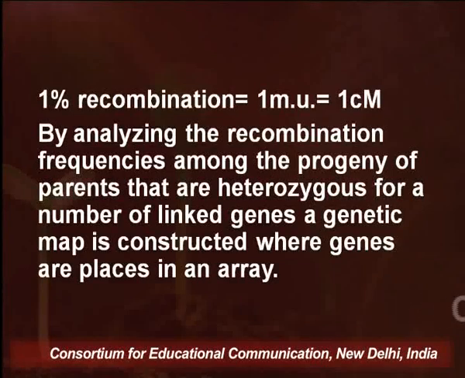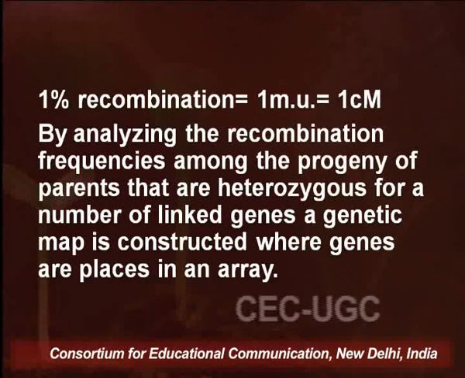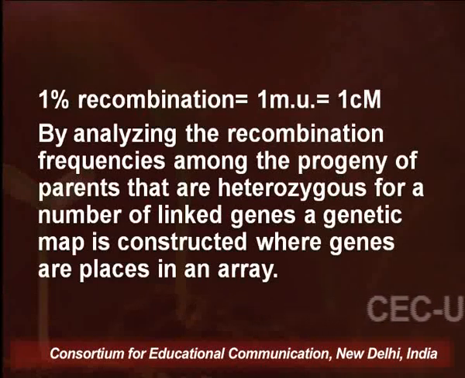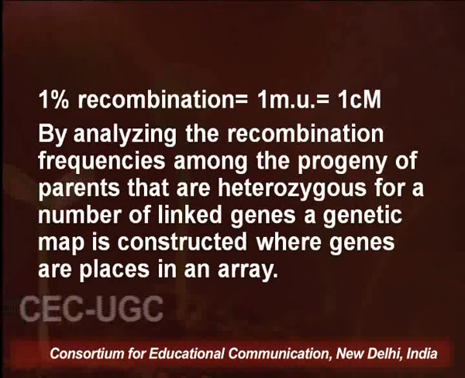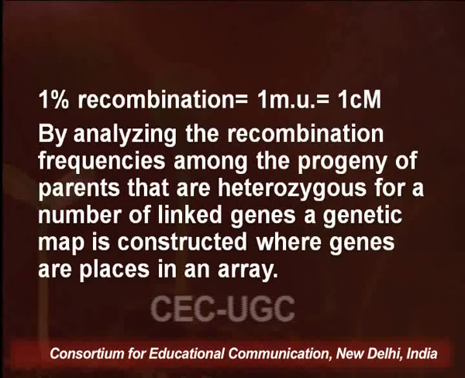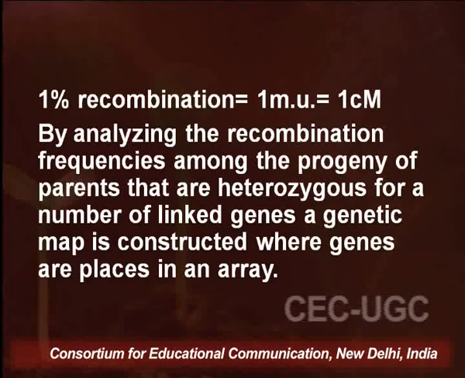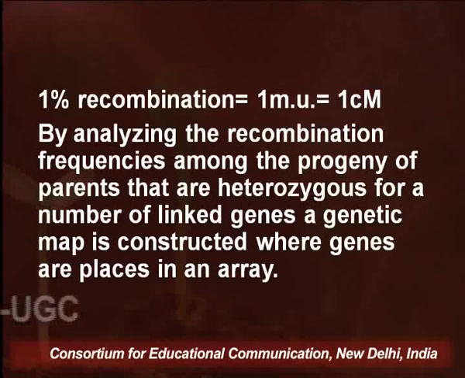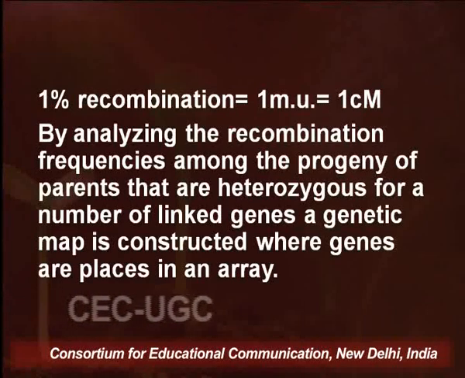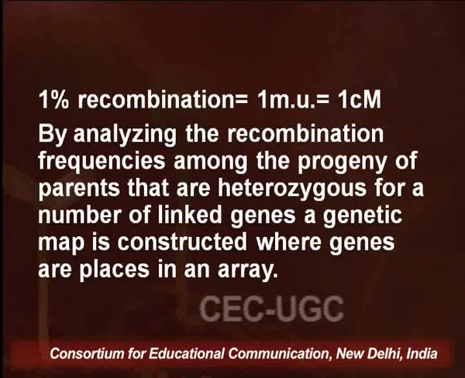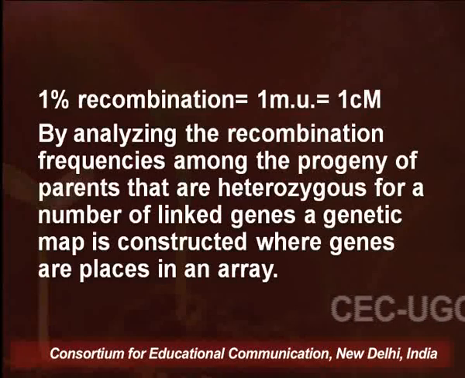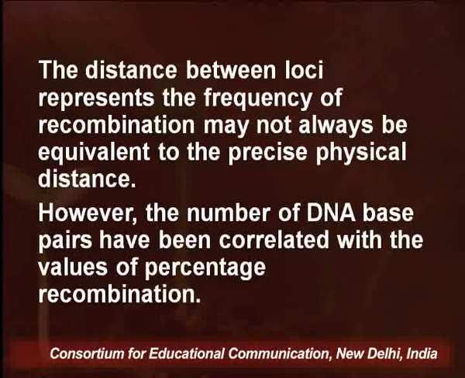And quantitatively, 1% recombination is going to be equal to 1 map unit or 1 centimorgan. So, once we know the recombination frequencies among the progeny of the heterozygous parent, then we can find out the number of genes that are present, and then we can construct a genetic map giving their location and the relative distances between them.